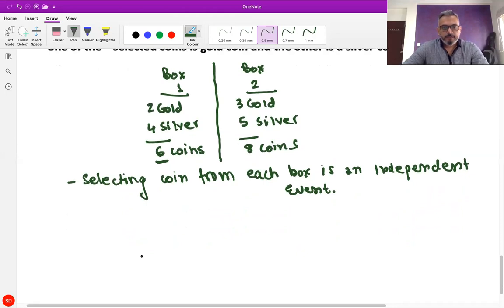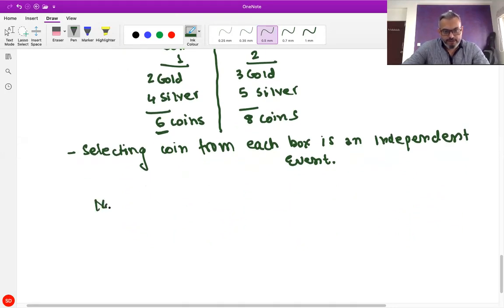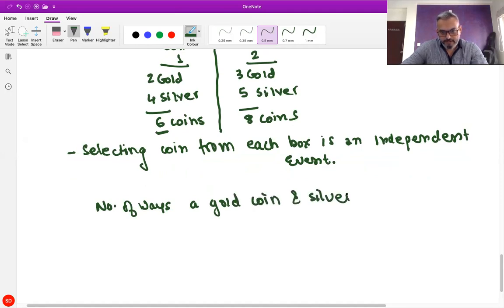Now, number of ways a gold coin and silver coin can be selected are.